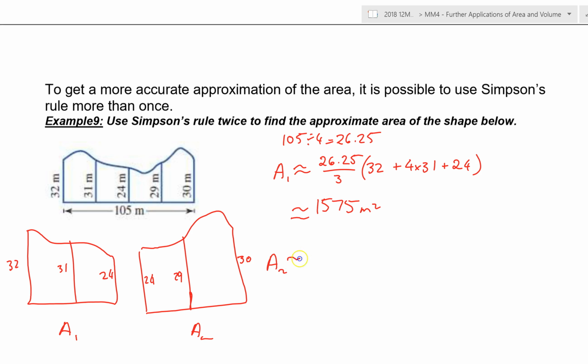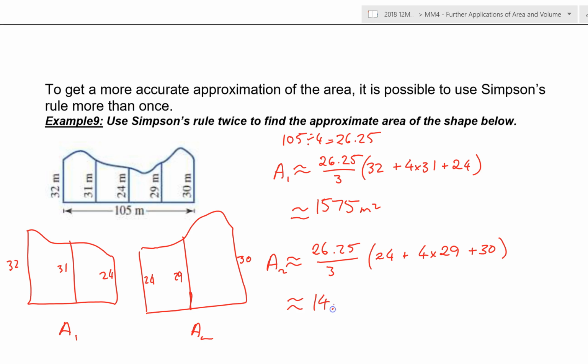Area 2 is approximately equal to, again, the 26.25 divided by 3 outside of, now 24 plus 4 lots of 29 plus 30. Yep. Which is approximately equal to, you type that into your calculator, you'll get 1,487.5.